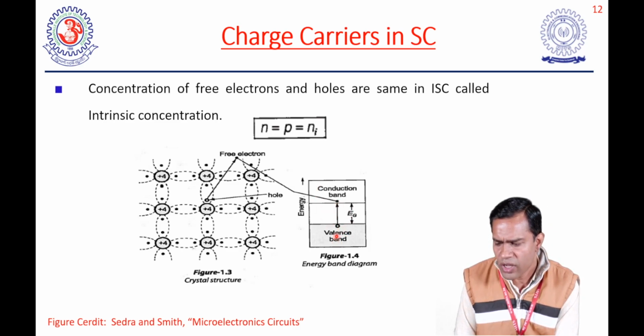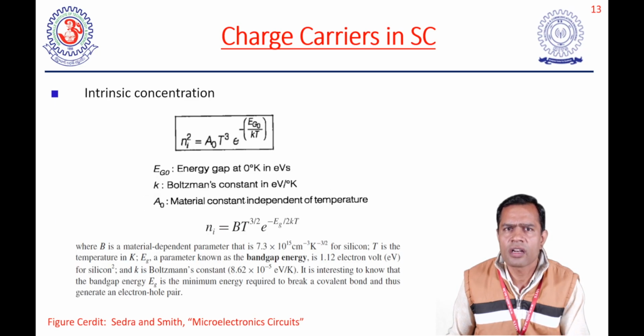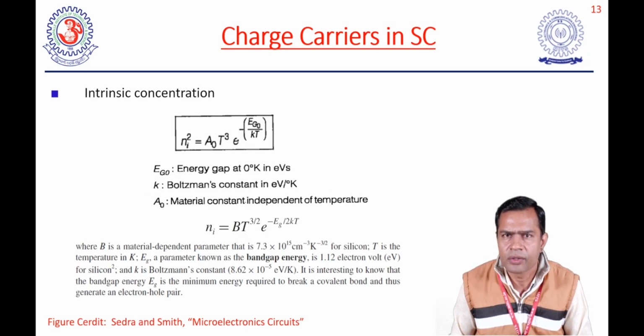You can see this is the valence band, this is the conduction band, and between them is the energy gap. Conduction band electrons are the free electrons which are required to flow the current.